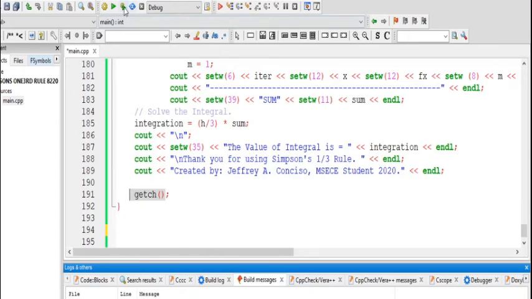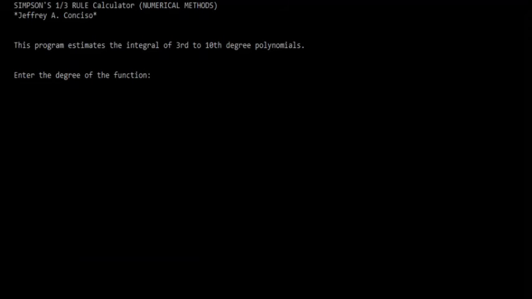And we will try to build and run this program, and this program will estimate the integral of 3rd to 10th degree polynomials. We will use the example exercise number 2, problem number 6.